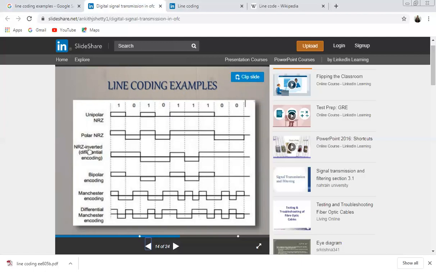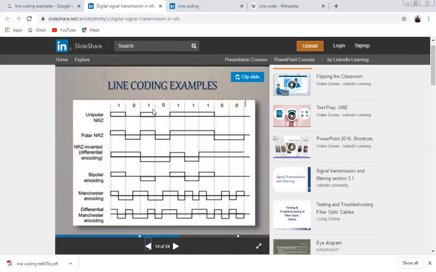Now the non-return to zero inverted technique. It is more complex than the previous two techniques. When the data changes from 1 to 0, there is no change in the digital signal, both are in the high logic.